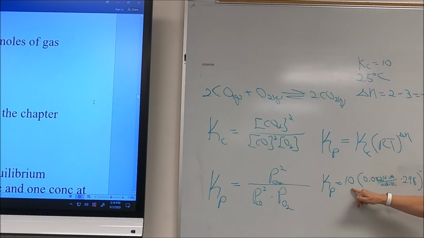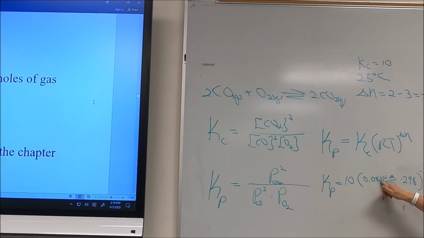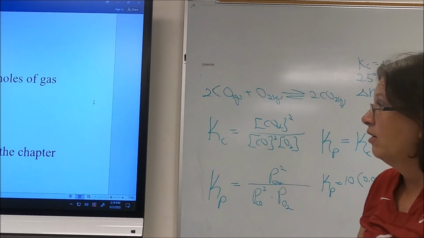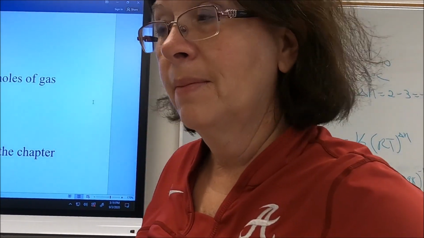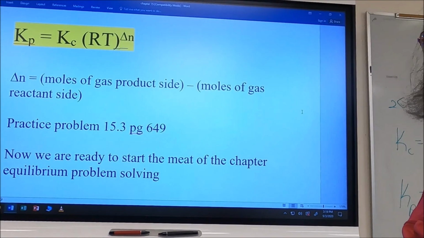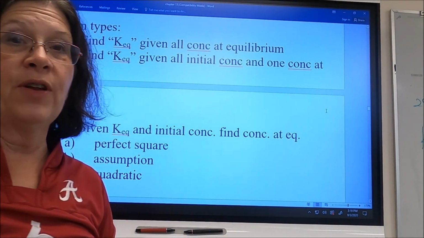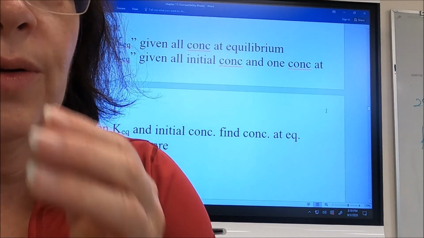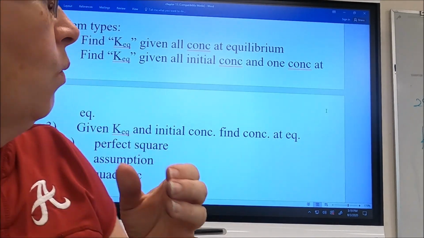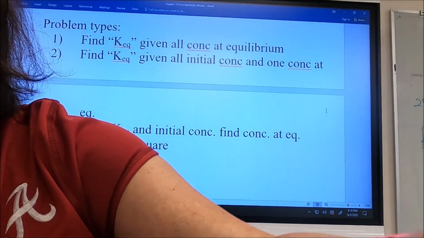So Kp would be 10 times (0.0821 times 298) raised to the minus 1 power. And again, you guys can pop the numbers through. But if I'm given Kc, I can calculate Kp. If I was given Kp, I could calculate Kc. Okay, that is the perfect place to end this lecture. The next lecture will start with types of equilibrium problems.